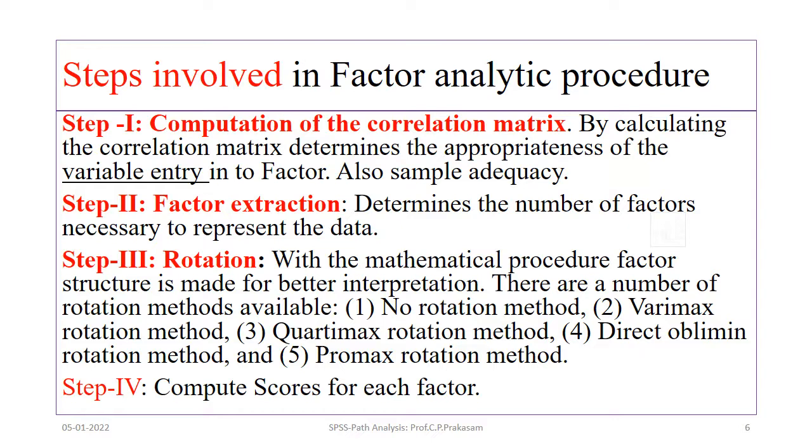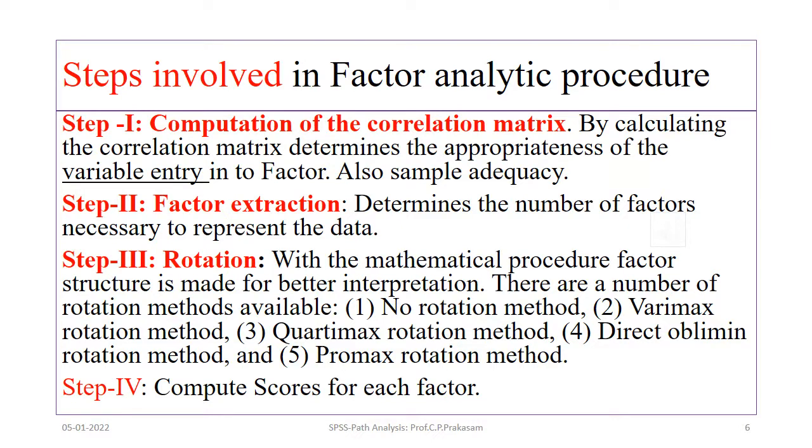Step 2, factor extraction. It determines the number of factors necessary to represent the data. Step 3, rotation. With a mathematical procedure, the factor structure is made better for interpretation. There are a number of rotation methods: no rotation, Varimax rotation, Quartimax rotation, direct Oblimin rotation, and Promax rotation.